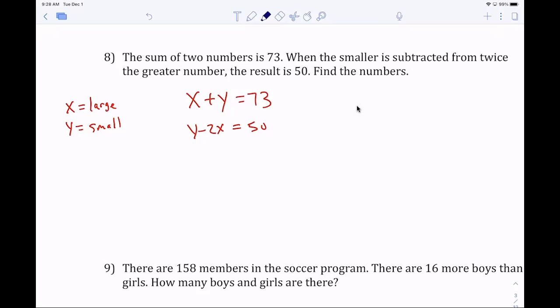So instead of y minus 2x, it should be 2x minus y. Now again, why is that one easy? Because you can just add them together. Thank you for that information. All right, I'm happy with that.